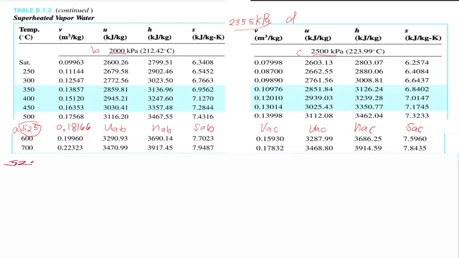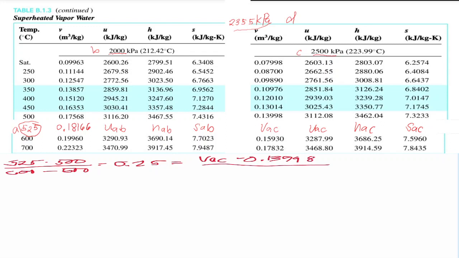525 minus 500 over 600 minus 500. This is equals to 0.25, of course. And the value of your VAC minus 0.13998 all over 15930 minus 0.13998.